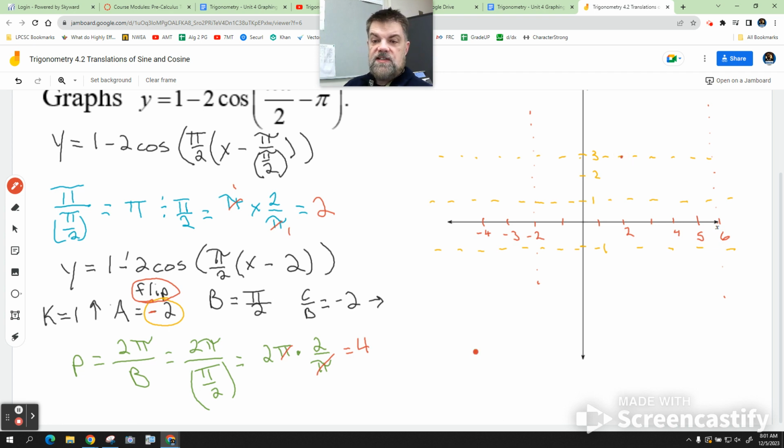But because this is negative, I should start down here. So this is the tricky part. I have to be up here at the top between the middle. So 1, 2, 3. I think I need to be about here and then come back down by 6.